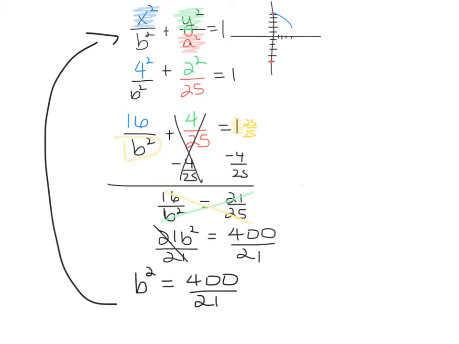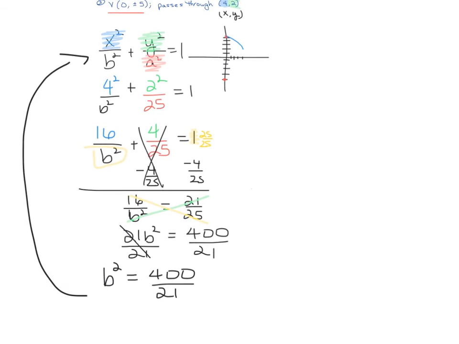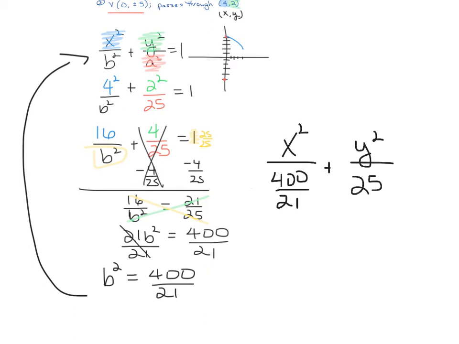So now I'm going to plug in. I have the a squared, and I now have a value of b squared. So let's go ahead and replace what we know. So again, x squared, and the b squared is 400 over 21, plus y squared, and then remember your a squared was 25, and it equals 1.